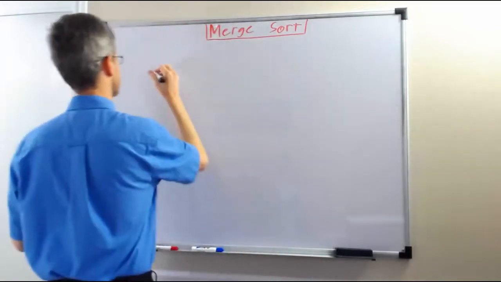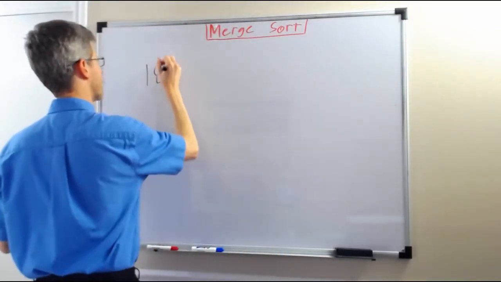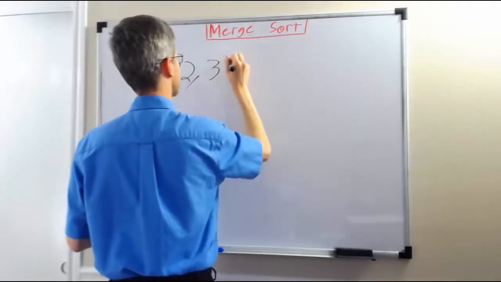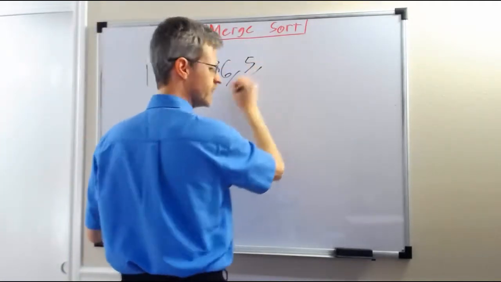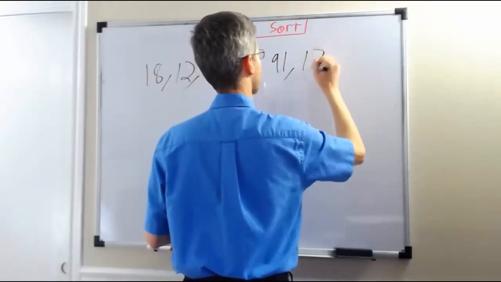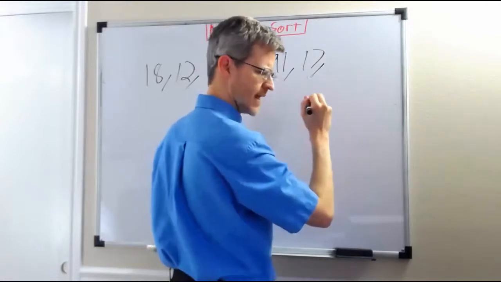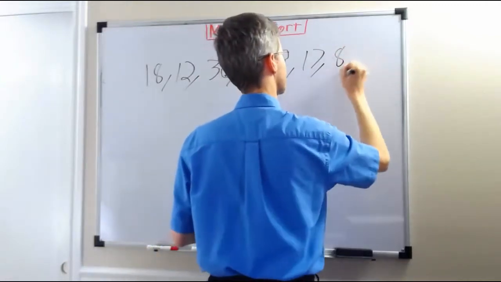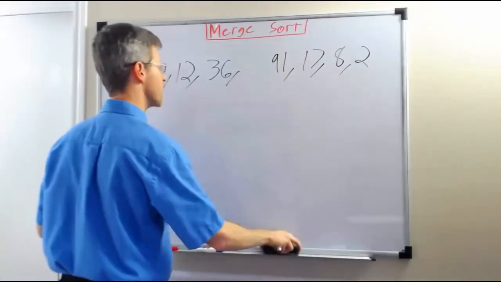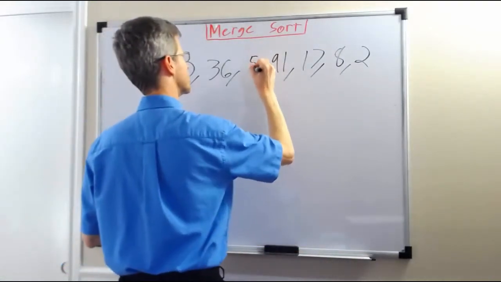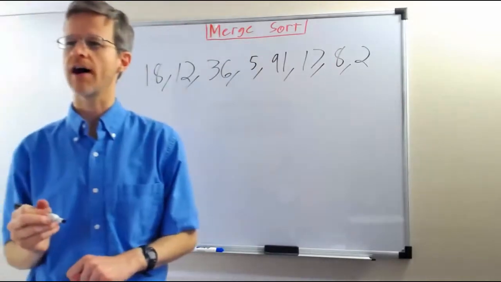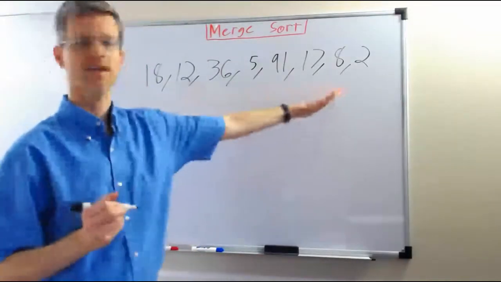So, let's suppose that we have the numbers 18 and 12 and 36 and 5 and 91 and 17 and 8 and 2. So let's suppose this is our initial set of input numbers and it's completely unsorted.